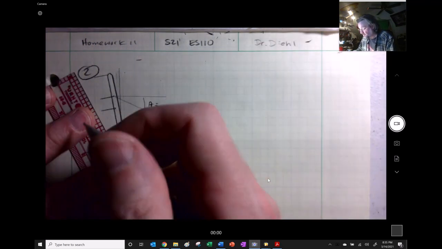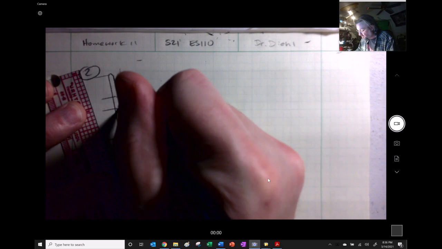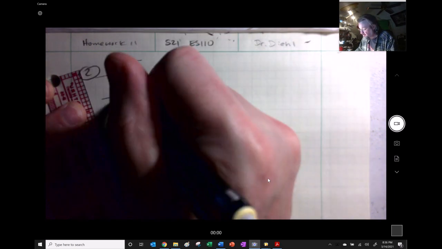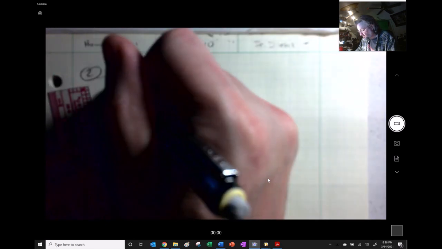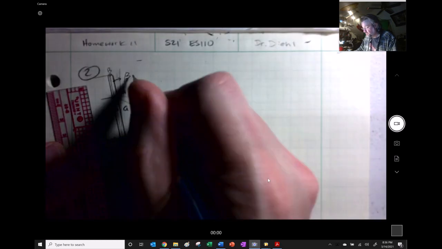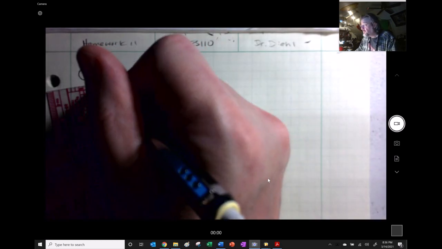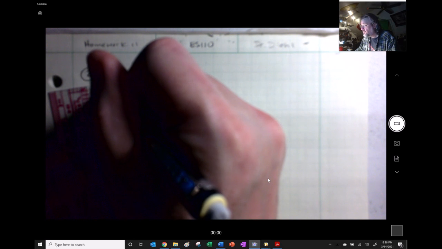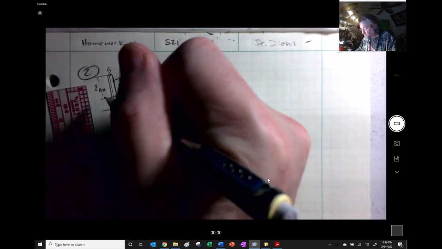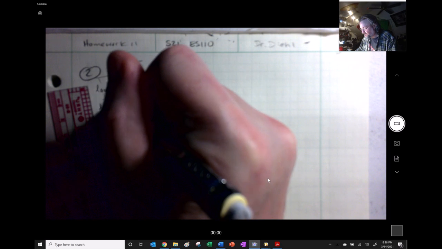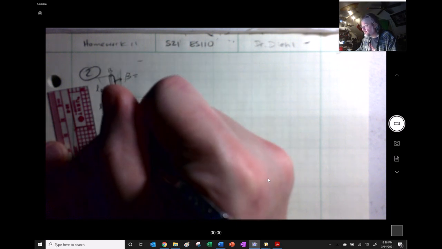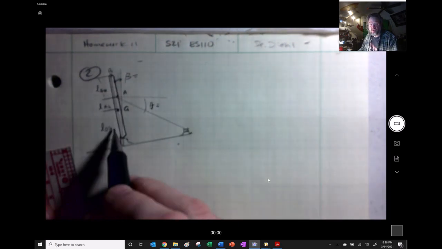I'll say what that dimension is in a minute. This is going to be G. This is going to be A. This is B up here. This angle, let me draw in the line that it forms, is going to be beta. We can draw what that is later. I'll say this is L AB. This is LAG, and this is LOG, which spells log.